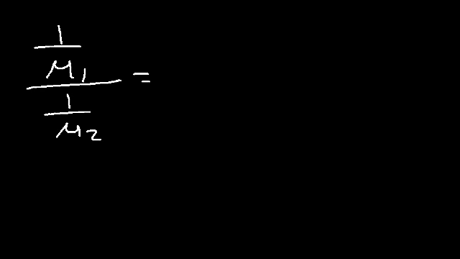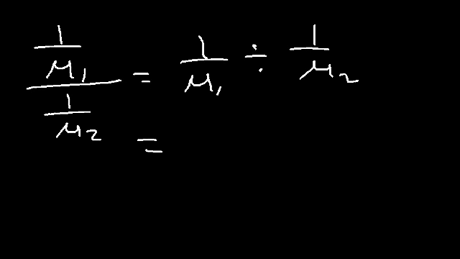So now let's focus on that fraction, 1 over M1 divided by 1 over M2. Using the principle keep, change, flip, we're going to keep the first fraction, change division to multiplication, and then we're going to flip the second fraction.